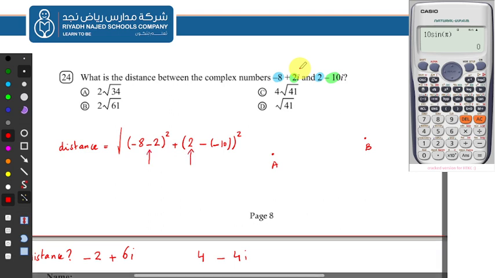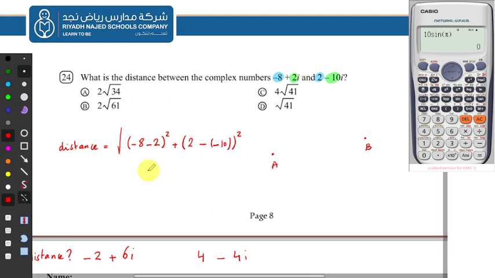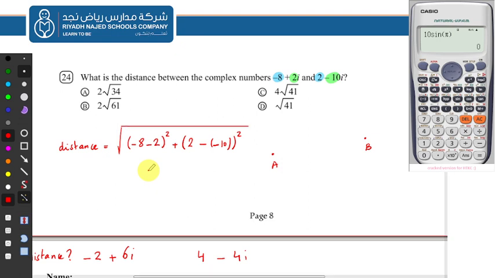This is the first number and this is the second number. The second number is already negative, so don't omit the sign of the second number or the minus sign. Both of them must be used here. And of course, you can calculate using your calculator. And we'll do this together.